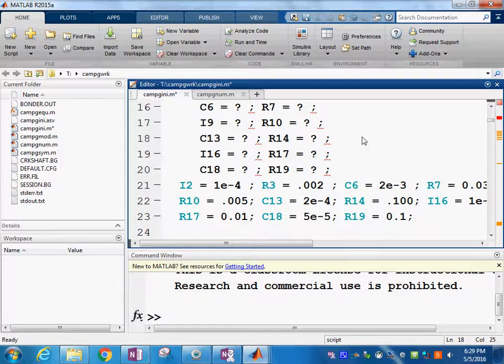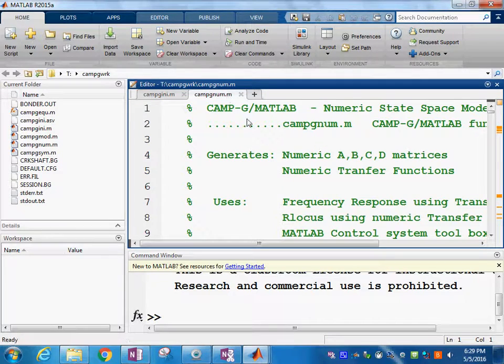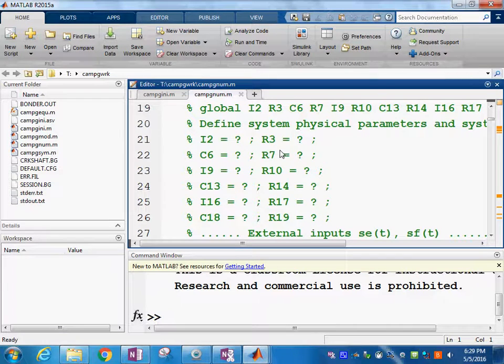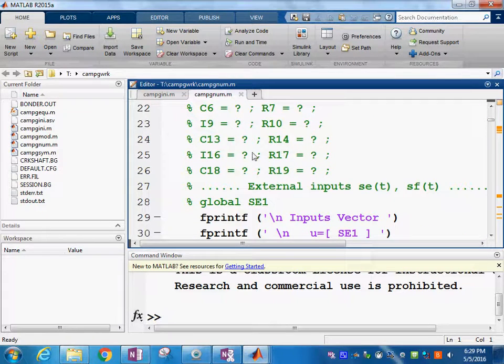Okay. Also, we have this file, the num file, which means anything you have to do with the transfer function, you could do it initially in symbolic form, or put those numbers.